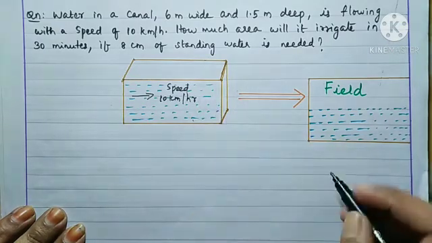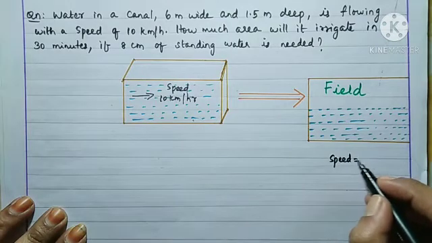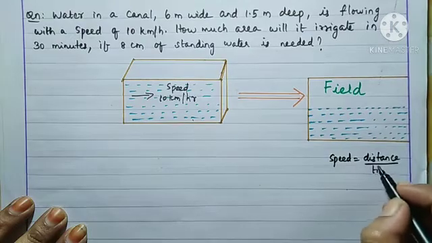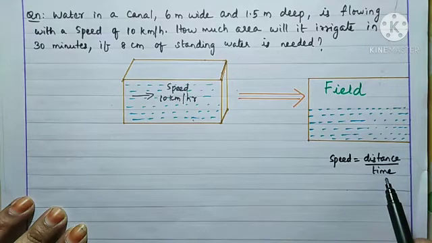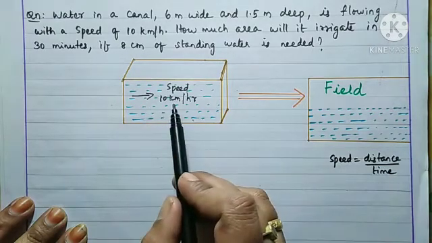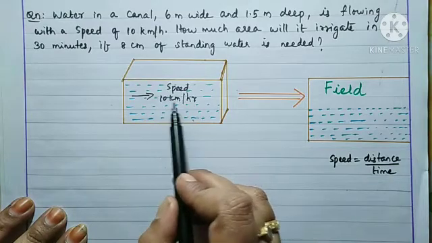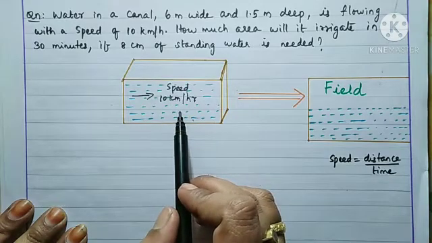You know that speed is equal to distance by time. So the distance covered in a particular time is called speed. Okay. So here 10 kilometer is travelled by the water in 1 hour, means this 10 kilometer is the distance covered by the water.